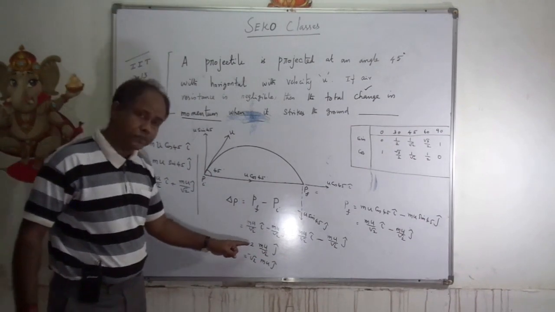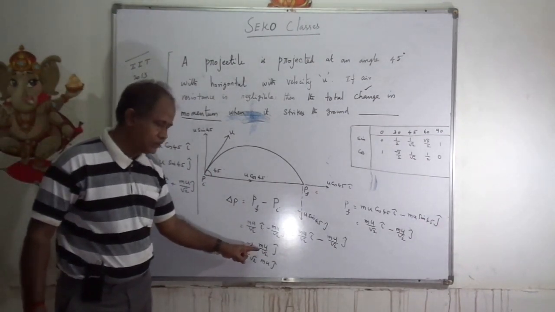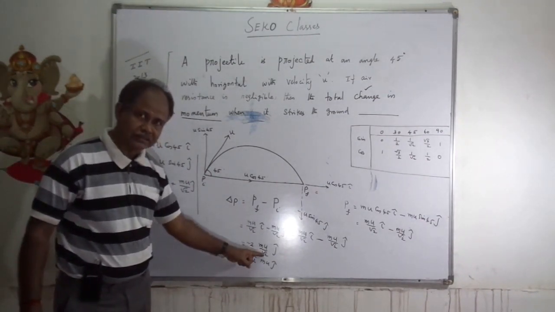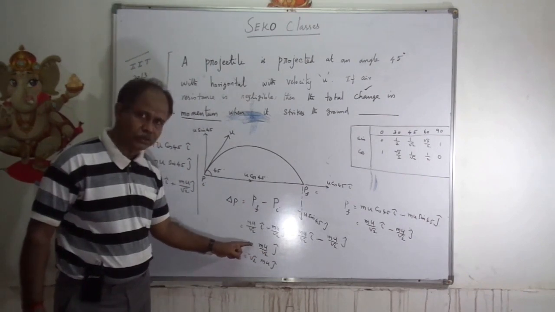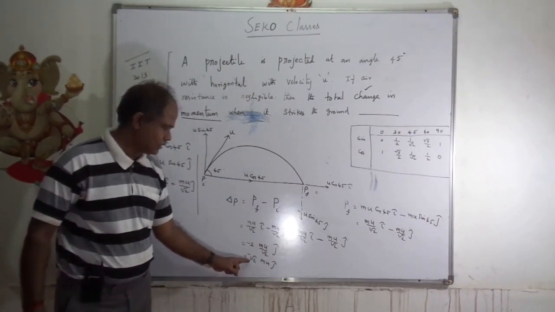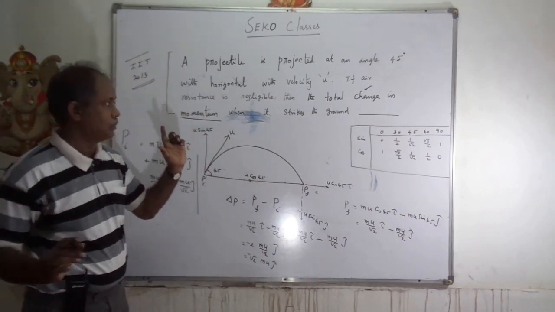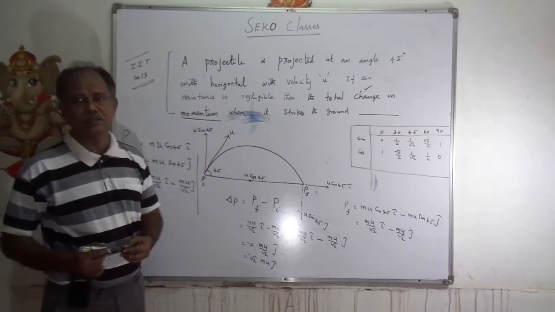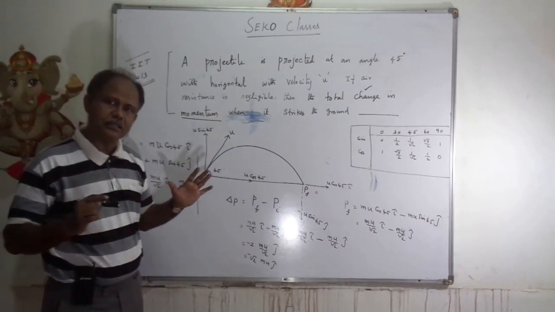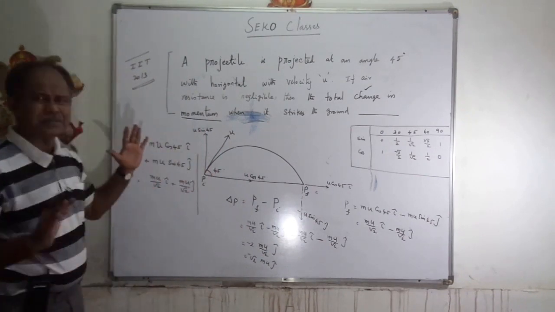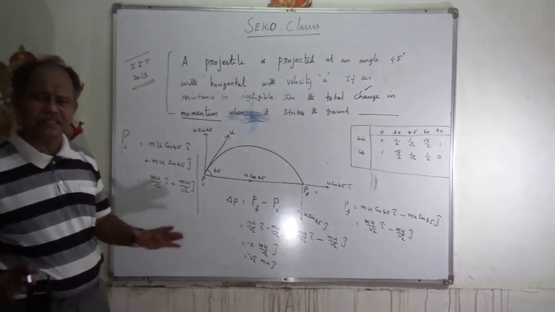Then the 2 cancels with root 2 in the product, giving minus root 2 m u j. This is the change in momentum. It's a very interesting problem, and at the same time a very easy one.